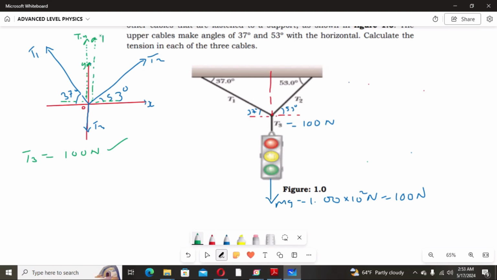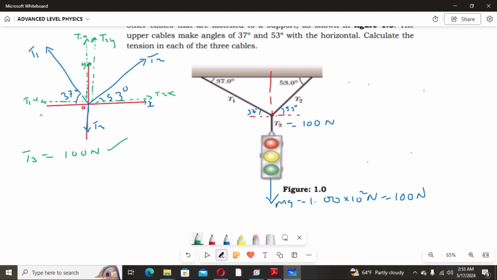We can label this as T2y. Then it has a component in the x direction. We can label it T2x. Then T1 also has a component in the x direction. We can call it T1x.